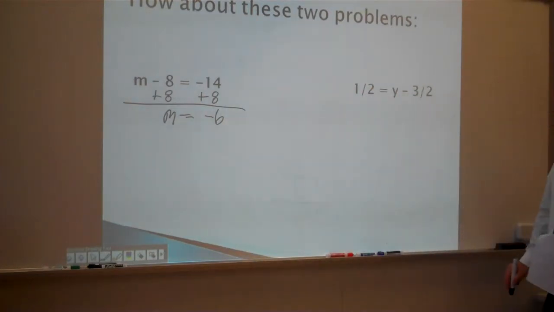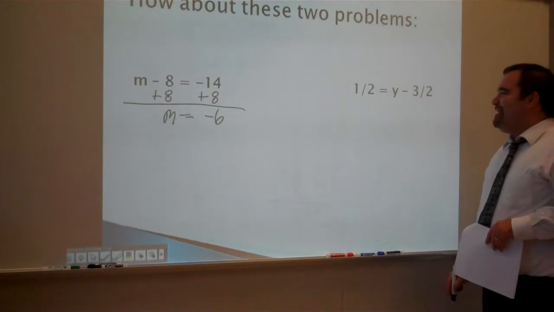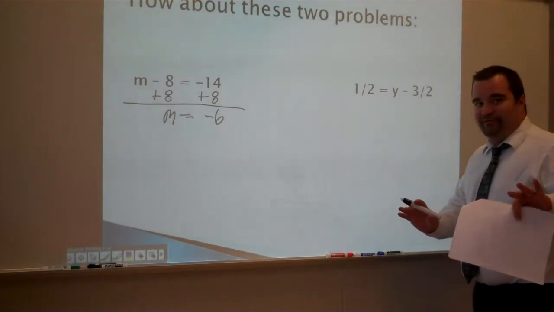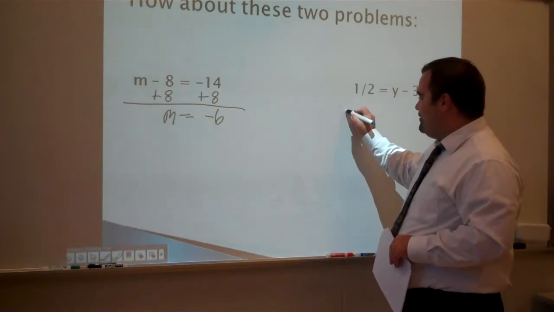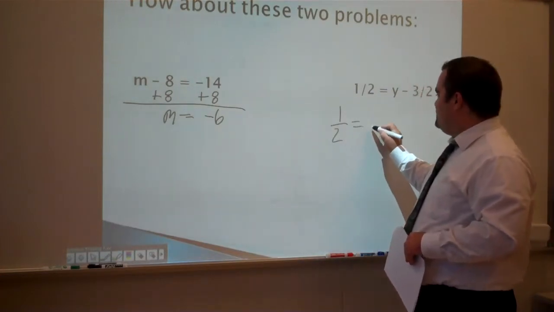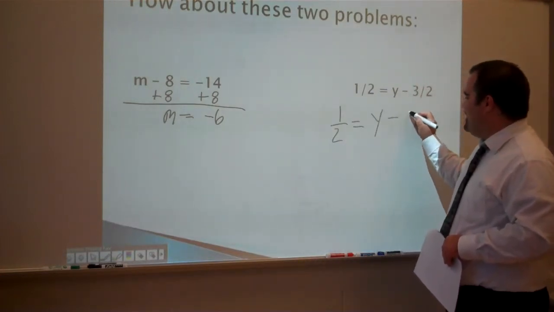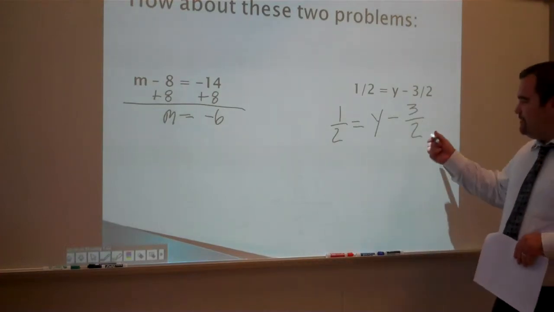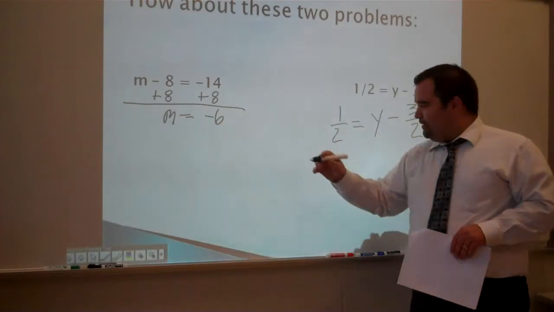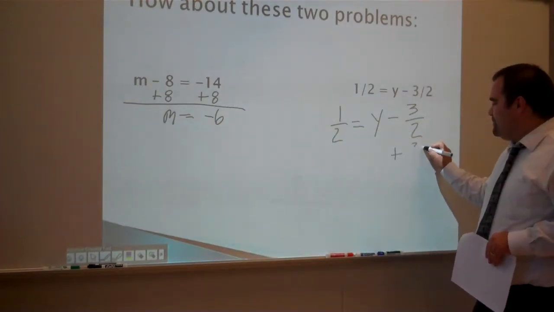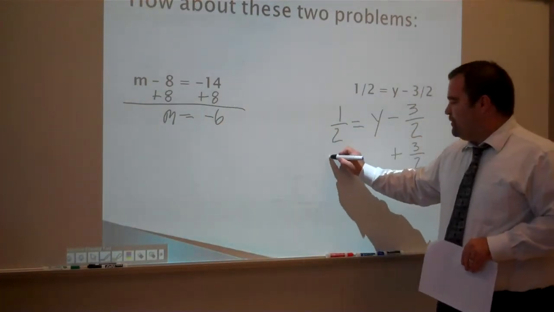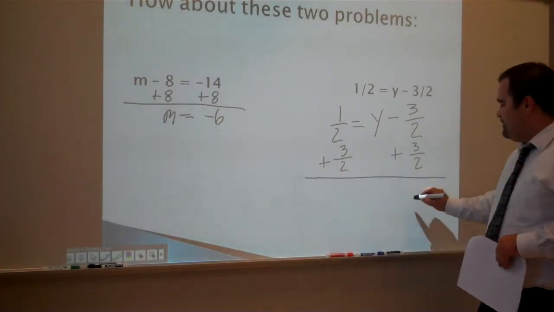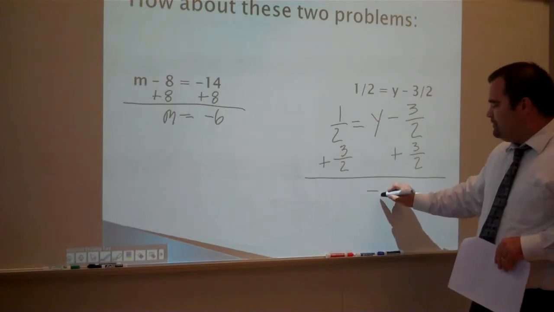Our second problem was 1/2 equals y minus 3/2. Now don't be afraid of our fractions. It's nothing to be afraid of. Even though it's a fraction, I'm going to do the same thing I did over here. I'm going to add 3 over 2 to both sides to get y equals.